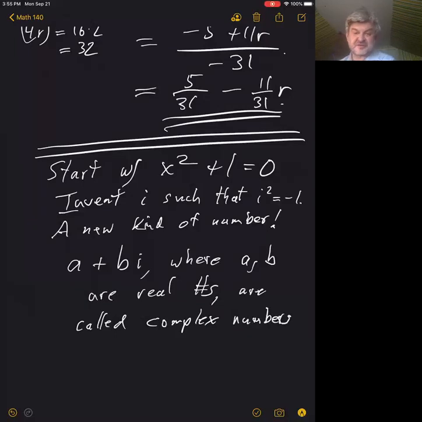So these new numbers are called complex numbers, and we can do algebra with them from the get-go by just saying all the laws that we know should still be valid.